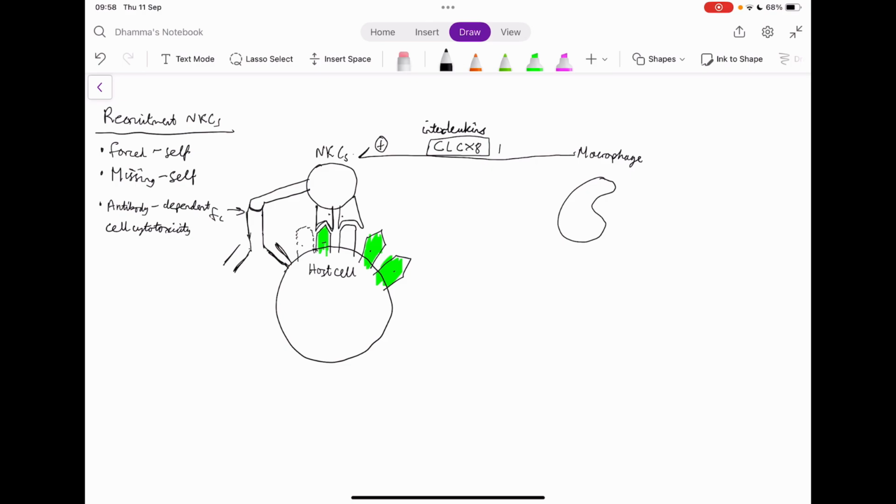So other examples are interleukin 12 and interleukin 15 as well. So those are involved in recruitment.